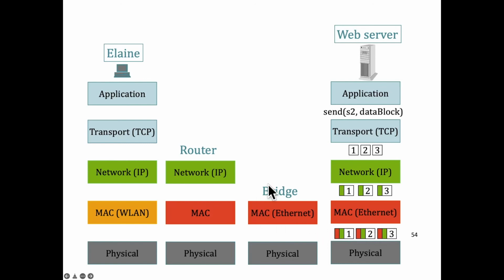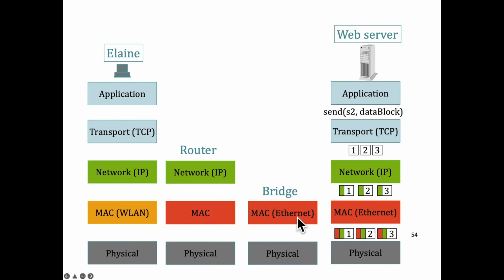The switch? Yes? MAC addresses are local, right? MAC addresses are used in the same local area network, so they are not end-to-end. The destination MAC address changes when you go from one LAN to another. What we put here as the destination is the MAC address of the next hop.